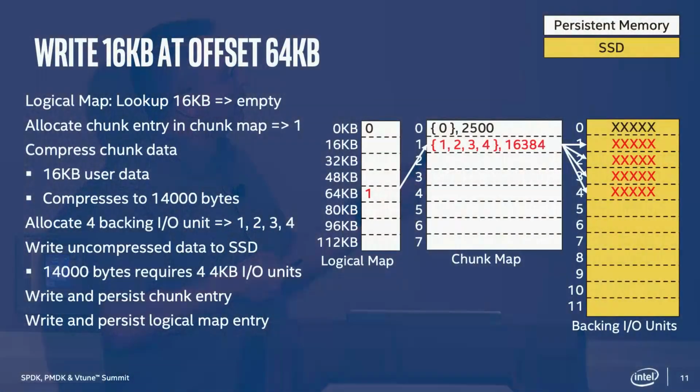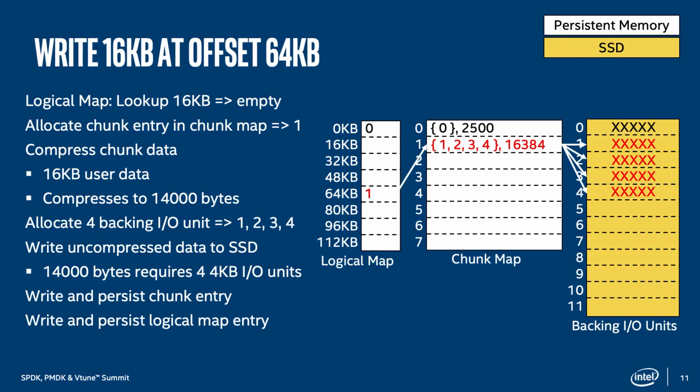So it doesn't make sense for us to write the 14,000 bytes, right? Because 14,000 bytes is going to take 4 I/O units. So instead, we're just going to write the uncompressed data to the backing volume, because later when we have to read that data back, we won't have to do a decompress operation and we'll save time. So here we're writing it uncompressed because this 14,000 bytes would require 4 of these I/O units anyway.